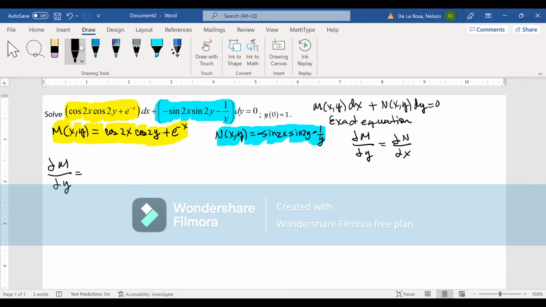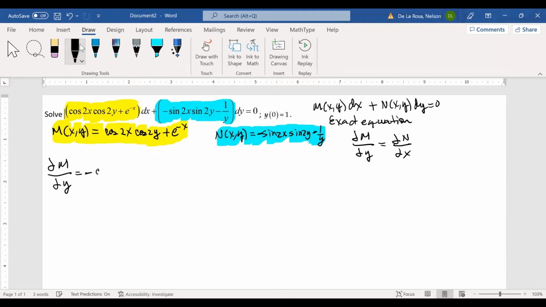So all derivatives are going to be on y. Anything containing x is going to be acting as a constant. So we find the derivative of cosine of 2y. Cosine of 2x is like a constant, so it remains the same.